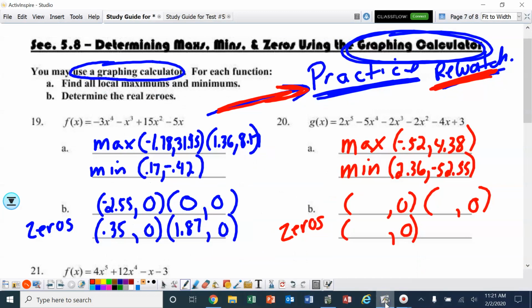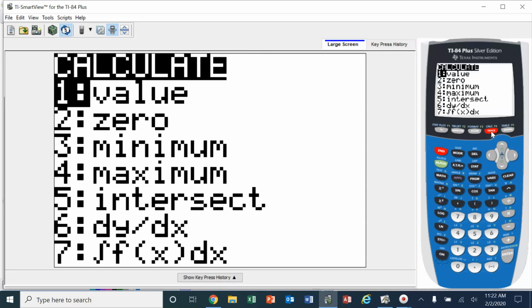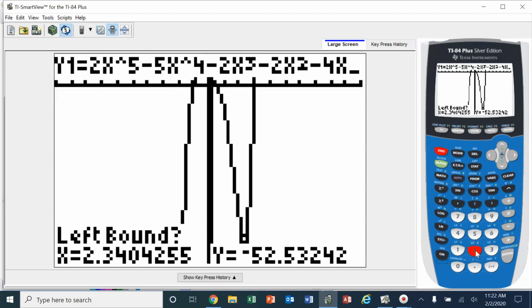All right, now let's find our zeros. Again, I can see 3 of them on that screen. So let's go to the first one. I like going from left to right, so I'm going to move my little spider all the way around to the left side.